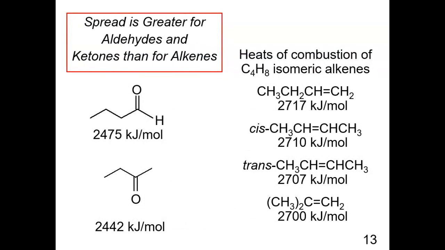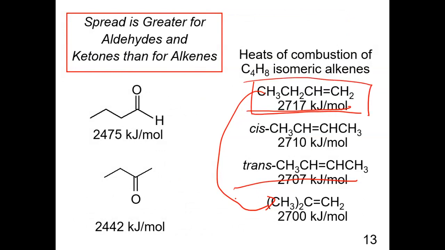In alkenes, between monosubstituted alkenes and disubstituted alkenes, the largest difference we see is between these two guys. This is a monosubstituted alkene. This is a disubstituted alkene. So the largest difference between a monosubstituted alkene and a disubstituted alkene is 17 kilojoules per mole.